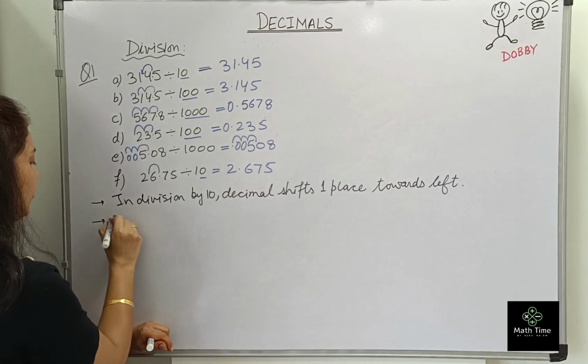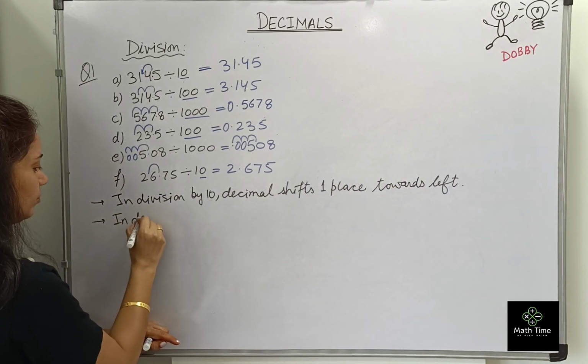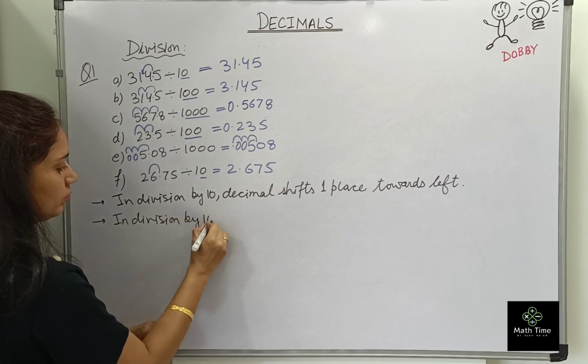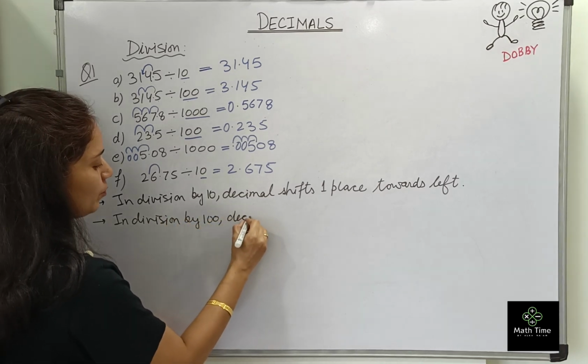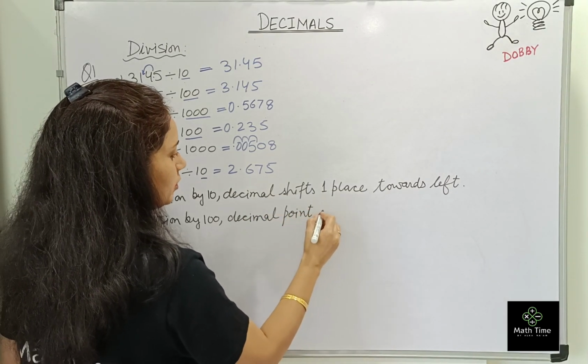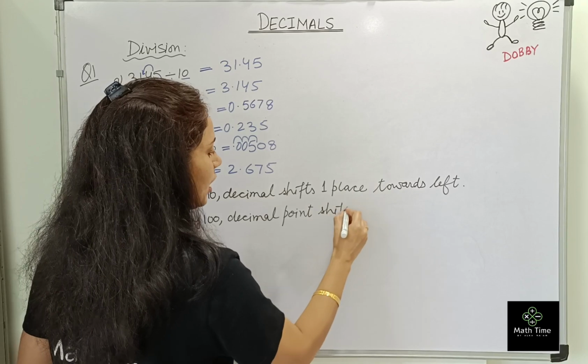Next, in division by 100, the decimal point shifts how many places?